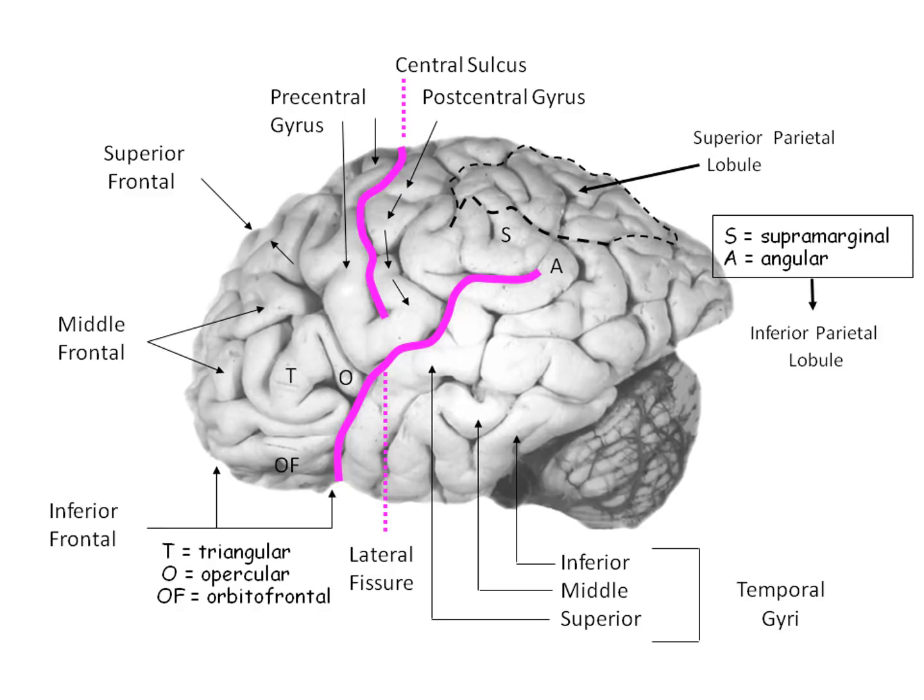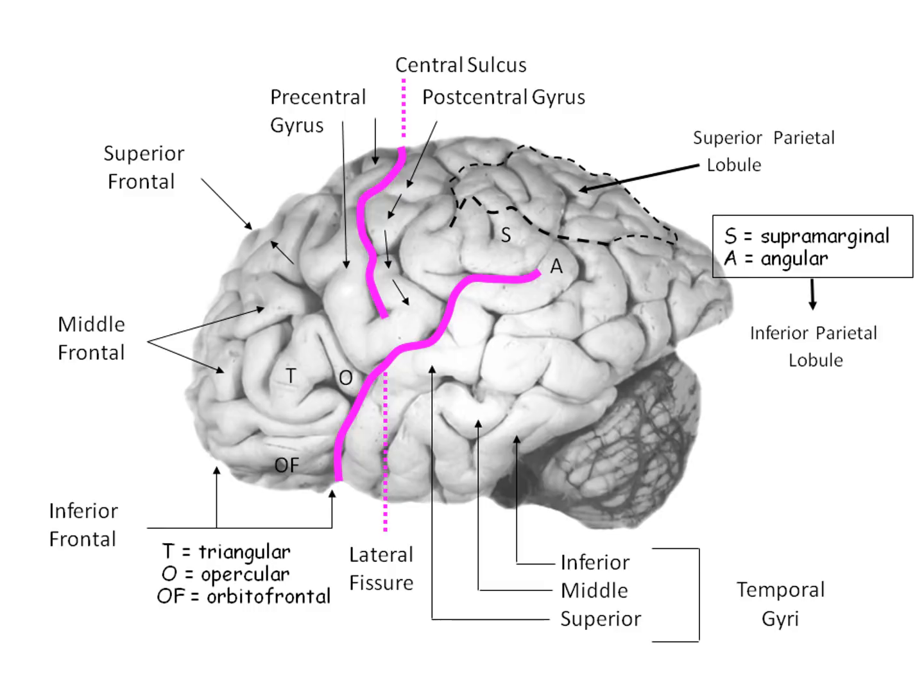We can also recognize immediately anterior to the central sulcus is the precentral gyrus, and immediately posterior is the postcentral gyrus. In front of the precentral gyrus, we will see the superior frontal and middle frontal gyri. These smaller gyri are included within the inferior frontal lobes.